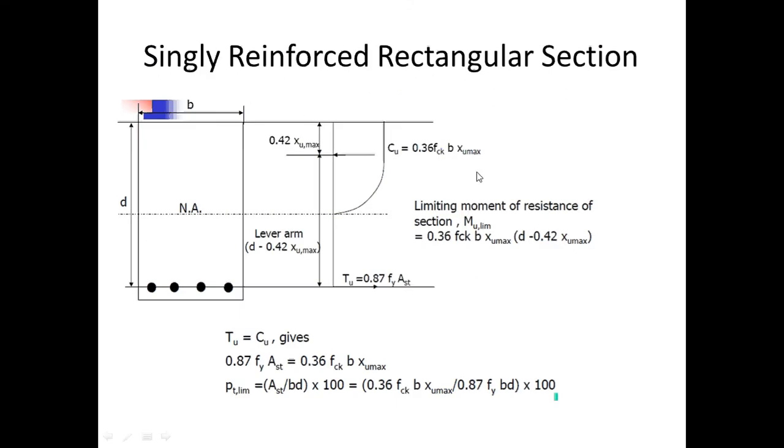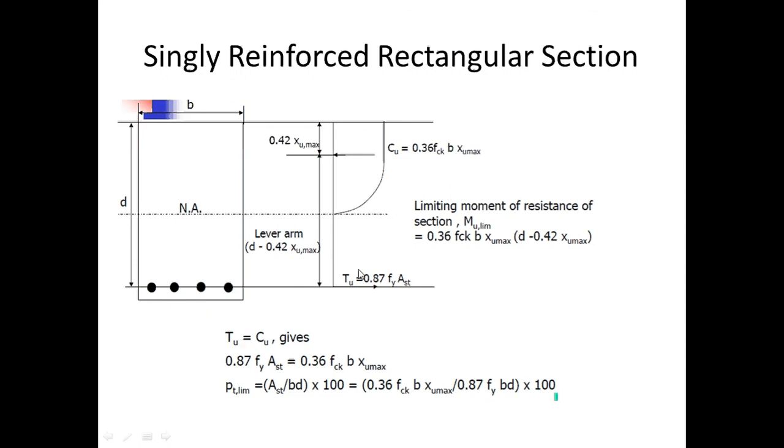The singly reinforced section. Now we will see how to calculate the rebars for a singly reinforced section. The structure should always be stable, so compression should always be equal to tension.